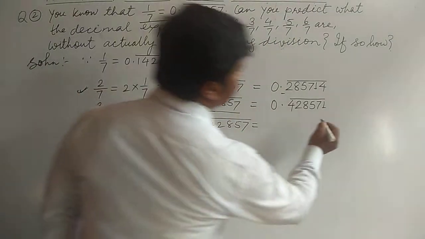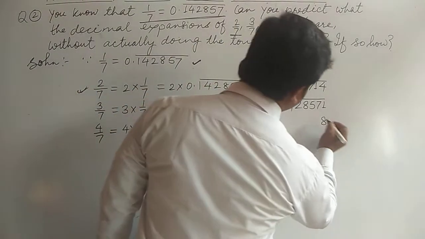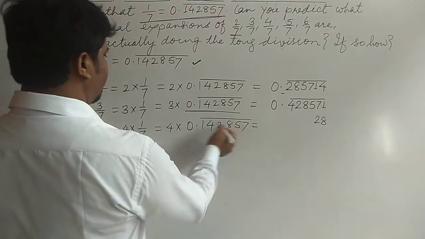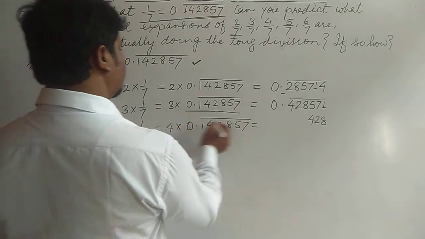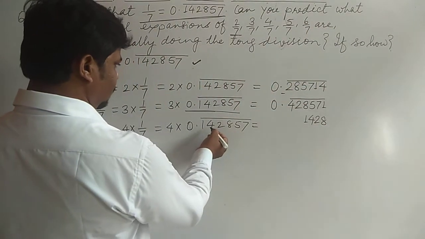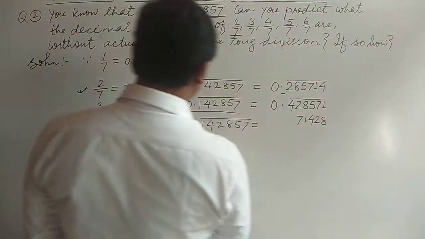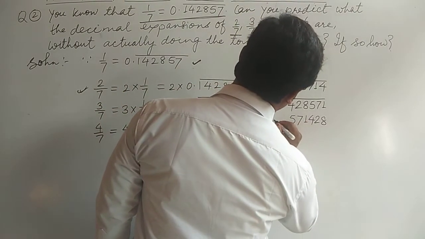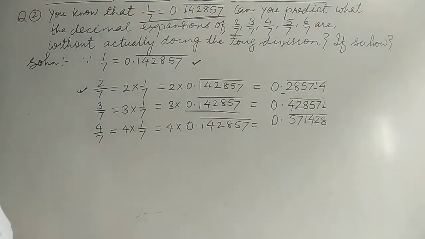So 7 times 4 is 28, 5 times 4 is 20, 2 carry, 8 times 4 is 32, plus 2 is 34, 3 carry, 4 times 2 is 8, plus 3 is 11, 1 carry, 4 times 4 is 16, plus 1 is 17, 1 carry, 4 times 1 is 4, plus 1 is 5. So this is the value.